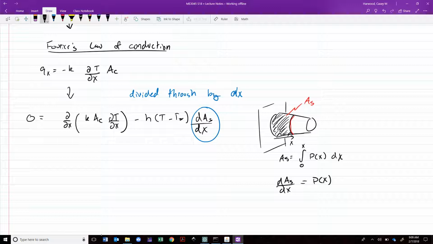So plugging that in, now we end up with 0 equal to partial x of k Ac dT/dx minus h P times T minus T infinity.